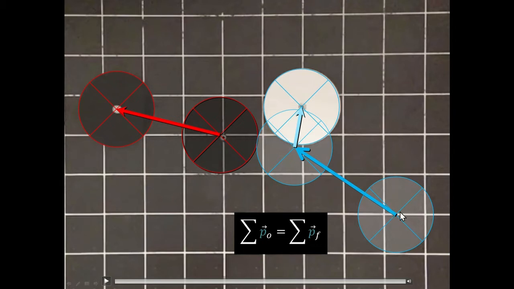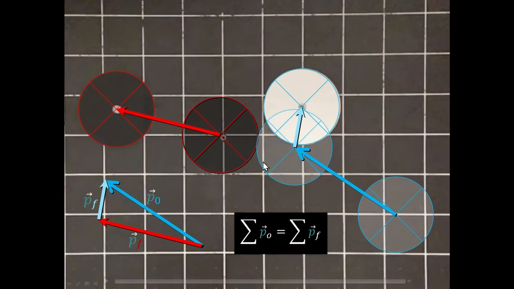Well, we have vectors here. This vector can represent the momentum of that one puck. So the momentum of that one puck is the total momentum before the collision. After the collision, this had momentum and this had momentum. So this was the momentum of that one after, and this was the momentum of this one after.